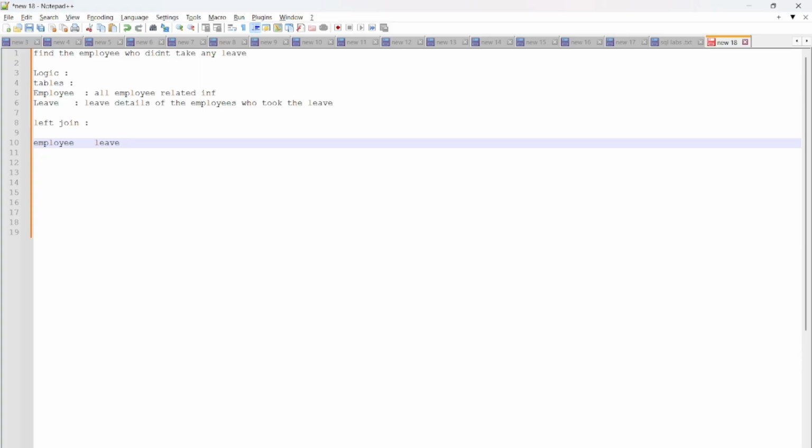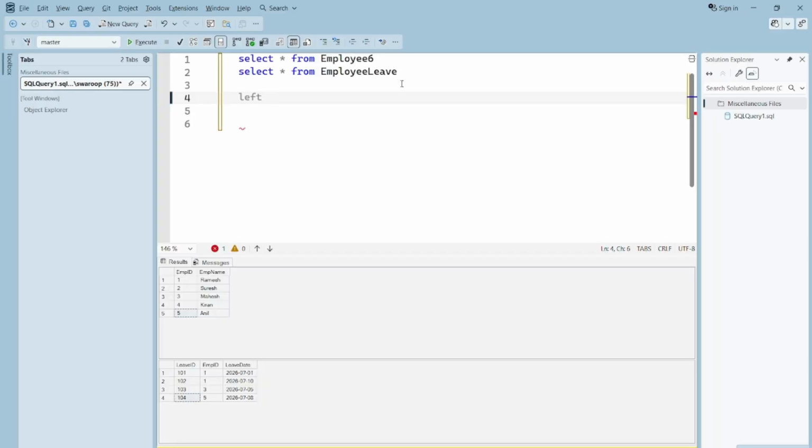The left join will capture all the employee details from the left table, including the matching records from both tables, the common records. If there are any missing records in the right hand table compared with the left hand table, those will be given as nulls.